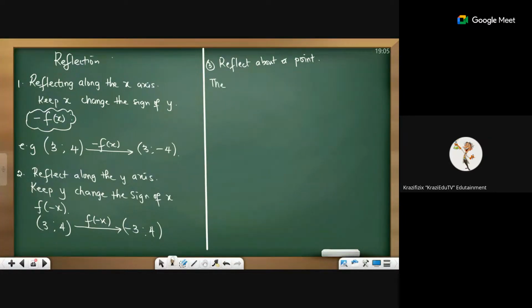The line or the point of reflection is the midpoint between an original and its image.